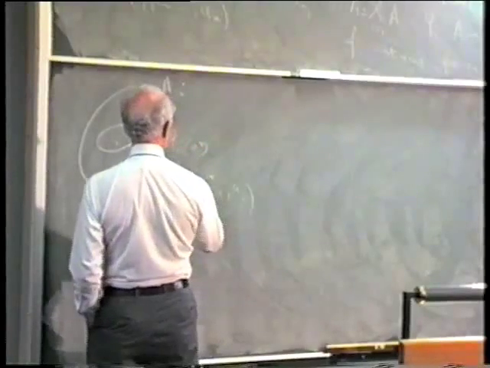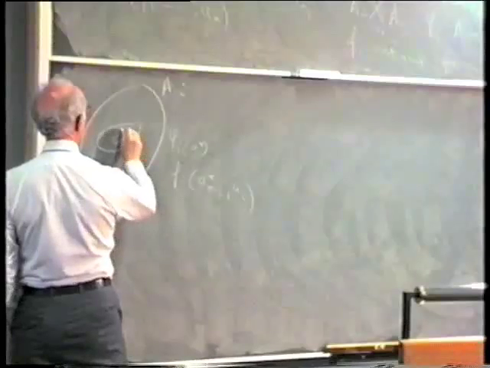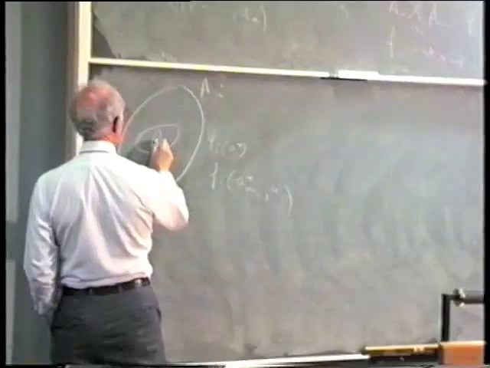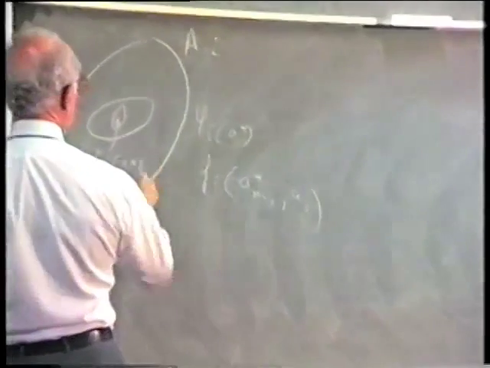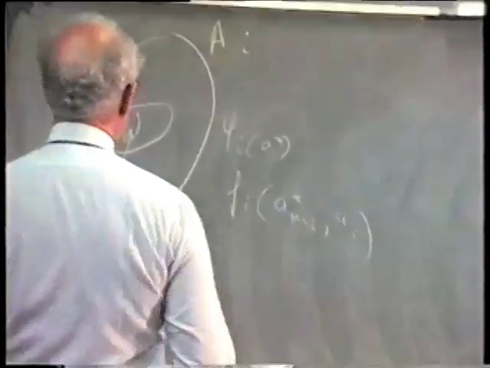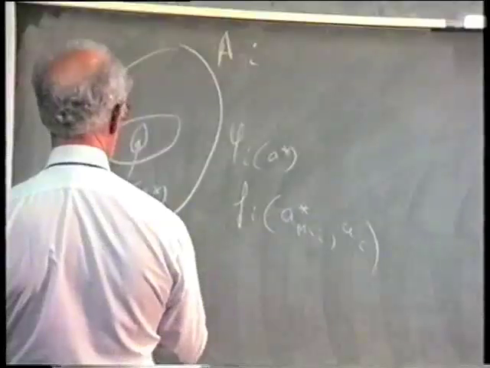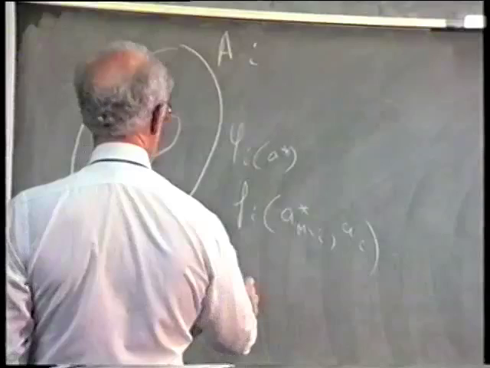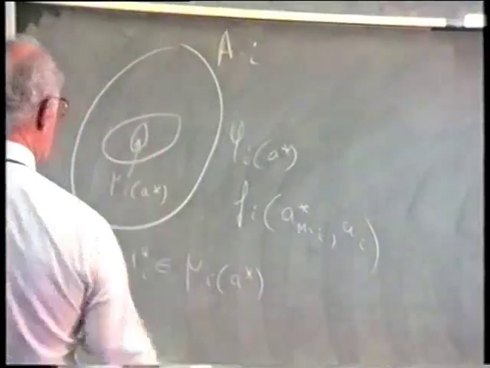He's going to maximize Fi with respect to AI, and that will give a subset of phi I of A star, which I call mu I of A star. And to say that you have an equilibrium for this agent is to say that AI star belongs to mu I of A star. This must be true for every I.